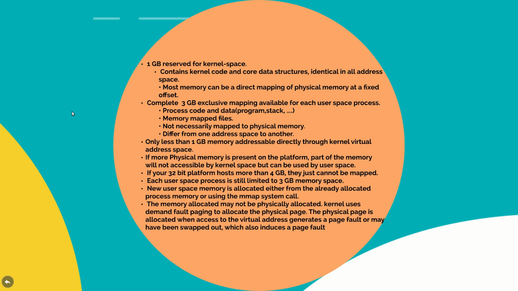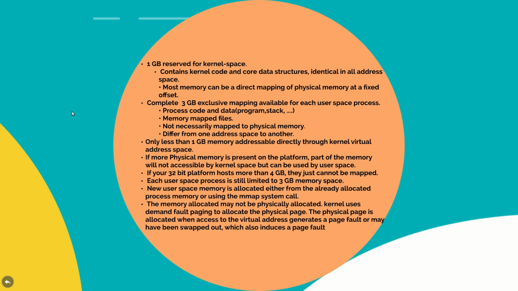Only less than 1 GB of memory is addressable directly through the kernel virtual address space. If more physical memory is present on the platform, part of that memory will not be accessible by the kernel space but can be used by the user space. If your 32-bit platform hosts more than 4 GB, it just cannot be mapped.